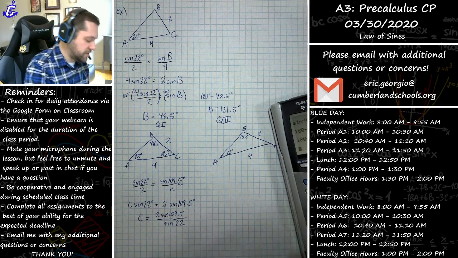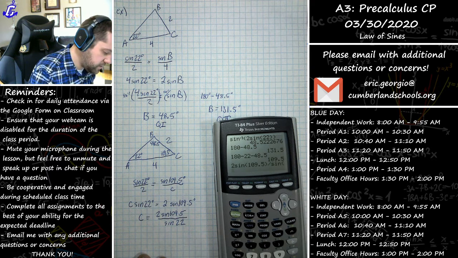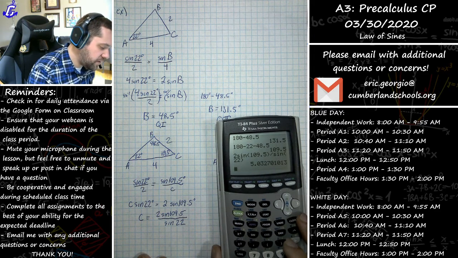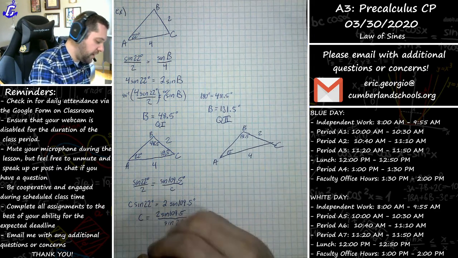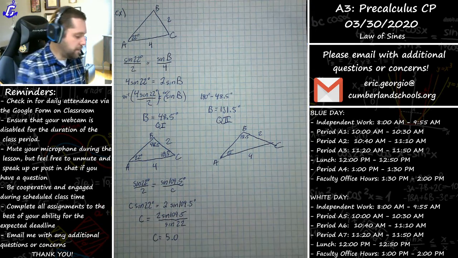You would just plug that into a calculator. I'd get 2 sine of 109.5 divided by sine of 22. We get 5.03. We'll just call that 5.0. So C is 5.0.